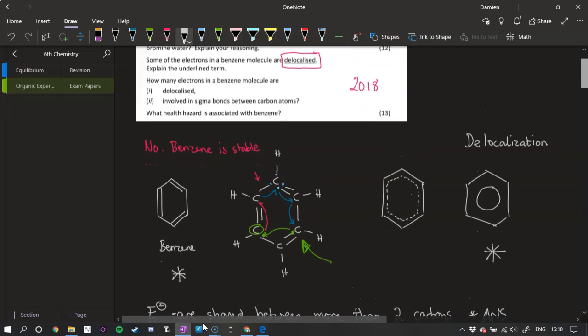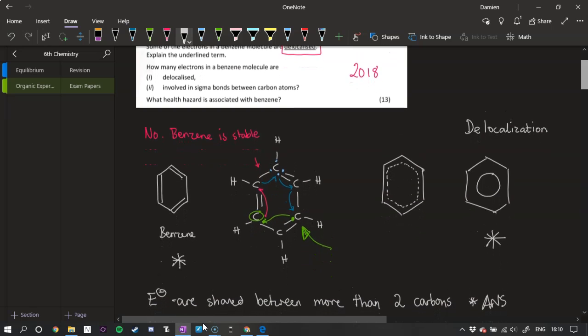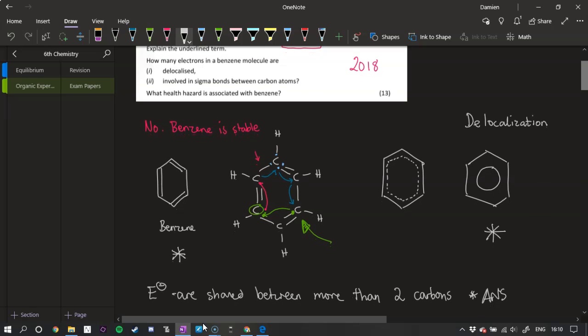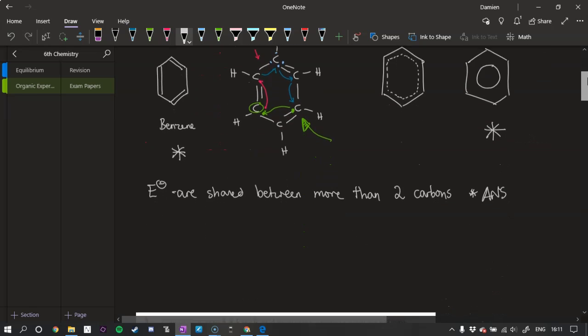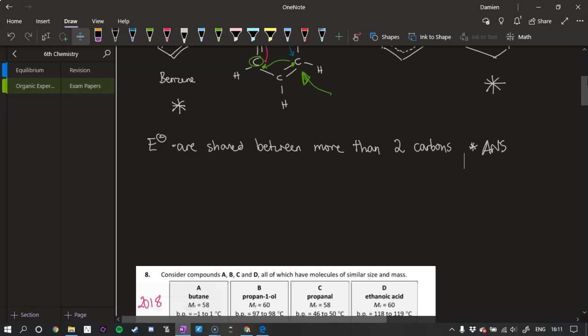The next part: how many electrons in a benzene molecule are delocalized, and how many involve sigma bonds between carbon atoms? So how many are delocalized? Let's have a look at that question.